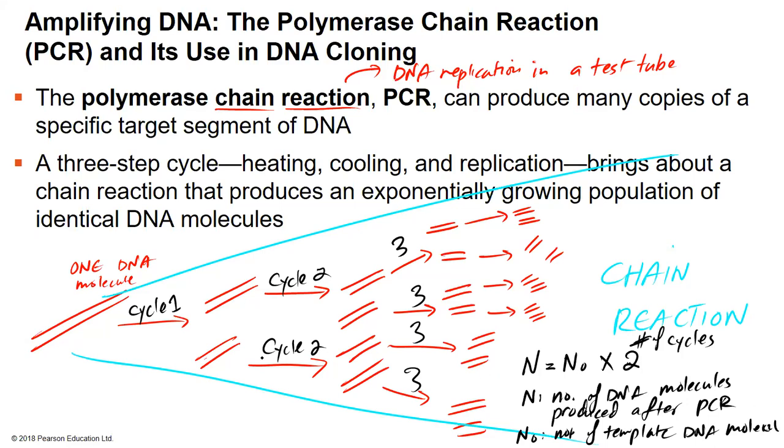So in this example, if we start with 1 DNA molecule, N equals 1 multiplied by 2 to the power of the number of cycles.